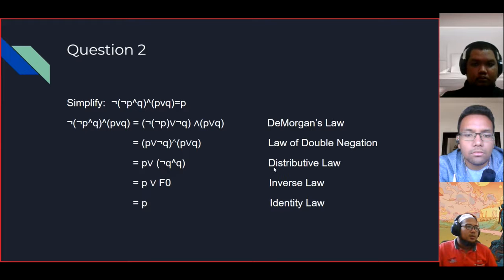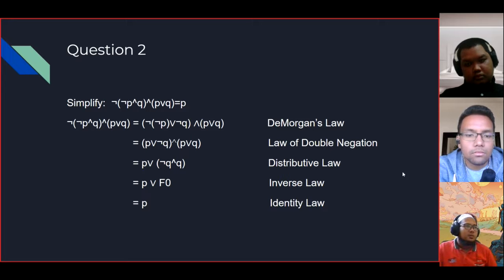Then we use a distributive law. And we get this. We change to this, use an inverse law. And lastly, we use an identity law. We change this to the P. Lastly, we get P.